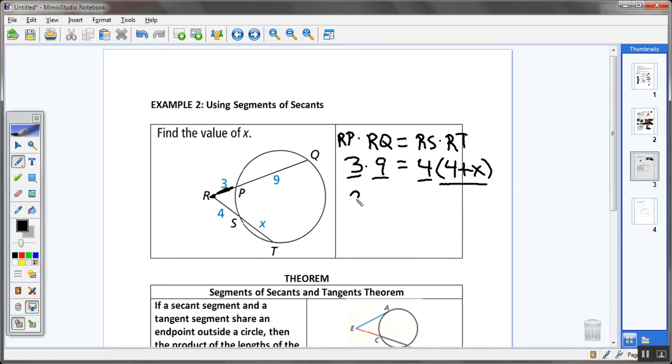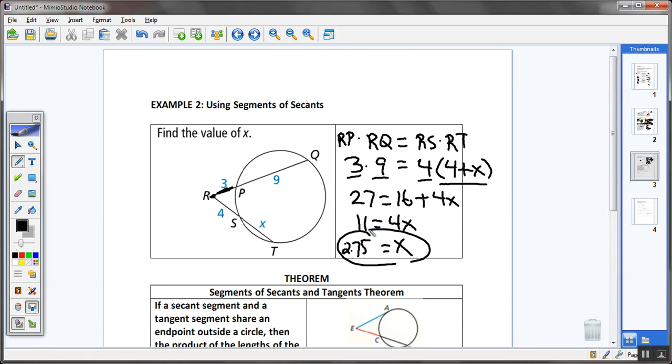Product of 3 and 9 is 27. I've got 27 equals 16 plus 4x. My north of Highway 3 math skills tell me that if I subtract 16, I have 11. That equals 4x. And all of you guys know that 11 divided by 4, even today, is still 2.75.